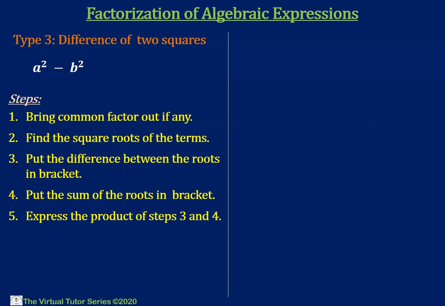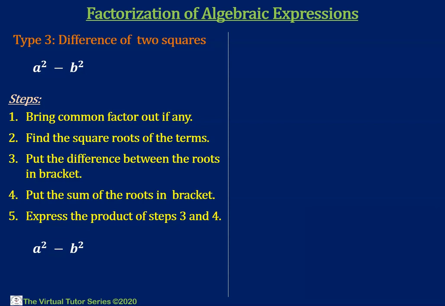Again, don't worry at all if things look unclear now. Remember, the proof of the pudding is in the eating. So let's try to factorize the expression a squared minus b squared using these steps. Since there is no common factor, we skip the first step. Now, step 2 is to find the square roots of the terms.